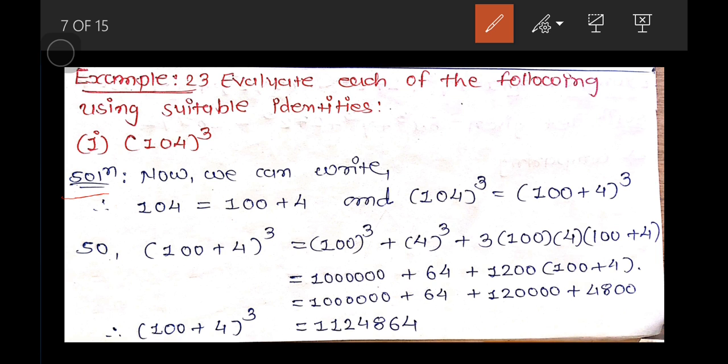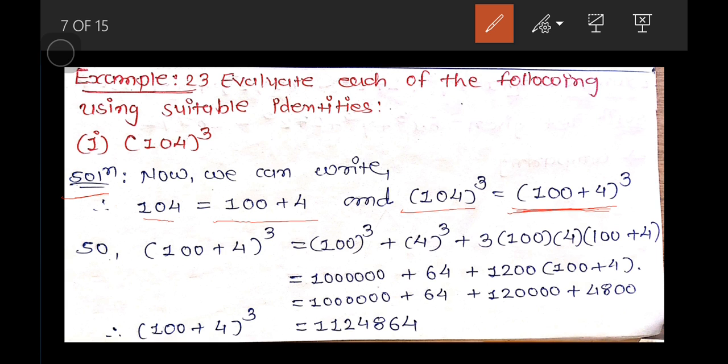Now we can write 104 is equal to 100 + 4, and we have to take the cube of 100 + 4. Now we can see that (100 + 4) cube is similar to (x + y) whole cube.